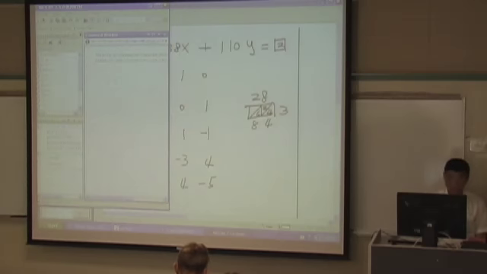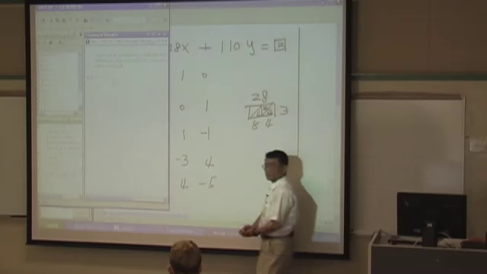So 138 multiplied by 4 plus 110 multiplied by negative 5 gives us 2. Right? Gives us 2.